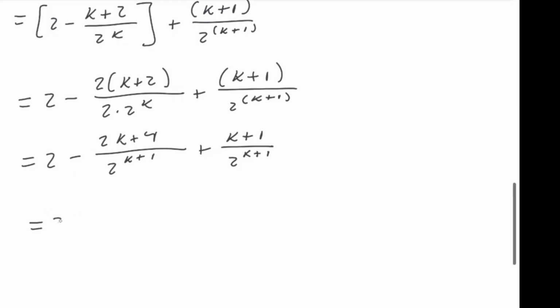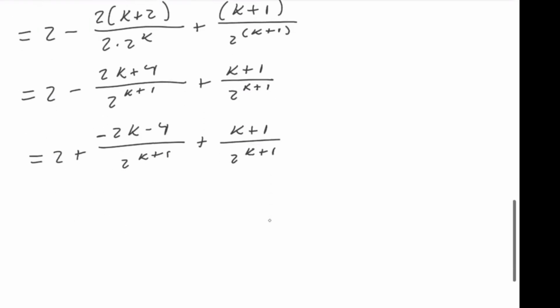Now I'm going to distribute that negative here. So that's 2 plus negative 2k minus 4 over 2 to the k plus 1 plus k plus 1 over 2 to the k plus 1. And then this is 2 plus, and then here, minus k minus 3 over 2 to the k plus 1.